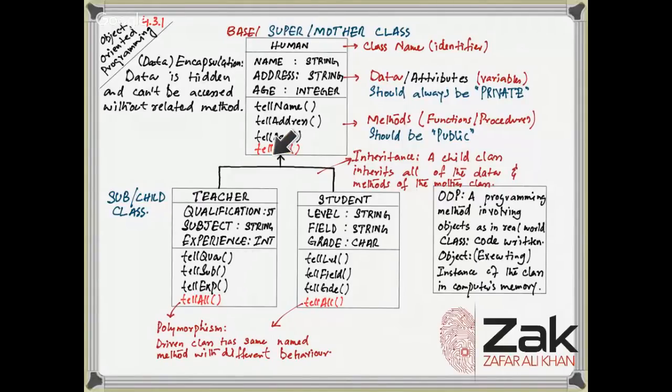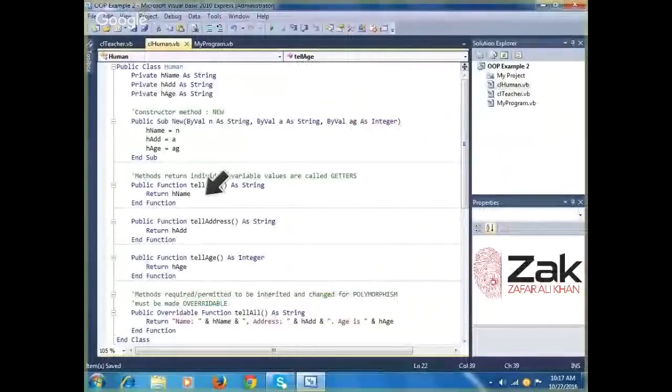Only if you allow other programmers is it possible that they may not just inherit, but they can override it and change its behavior. So this particular function, tell all, is said to be overridable, and you have to declare it as overridable.